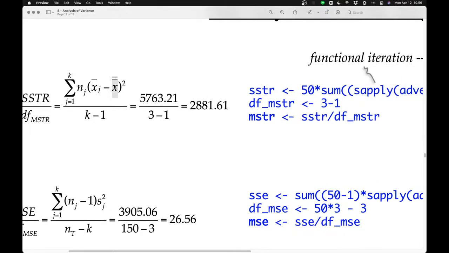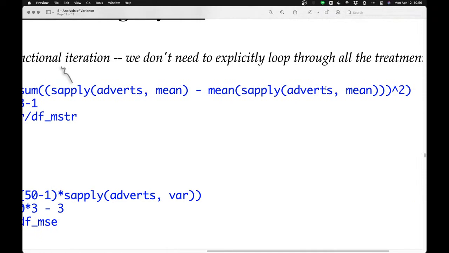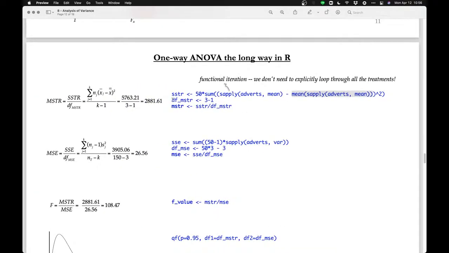This expression here is the grand mean. It's the mean of all the means. I can get that by just taking the mean of that whole expression. All right. So I've got this little part in the middle figured out now.